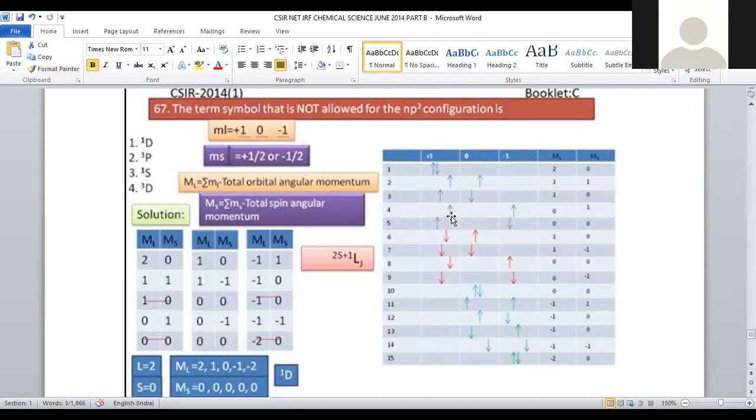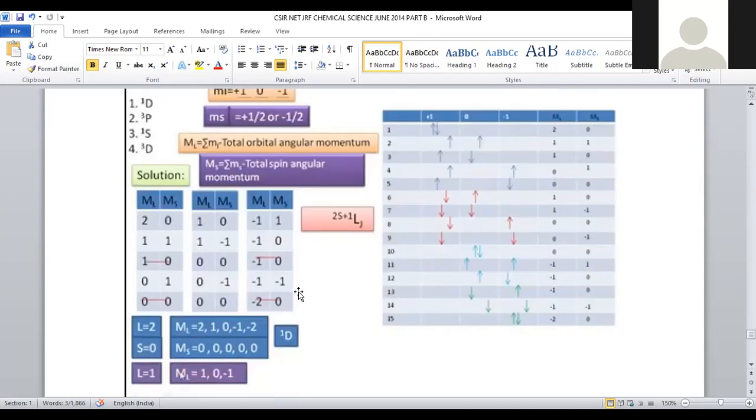Now the third kind of combination: one electron is in the +1 angular momentum level, and one electron is in the -1 angular momentum level. So +1 and -1 compensate and become 0. So L is equal to 0.